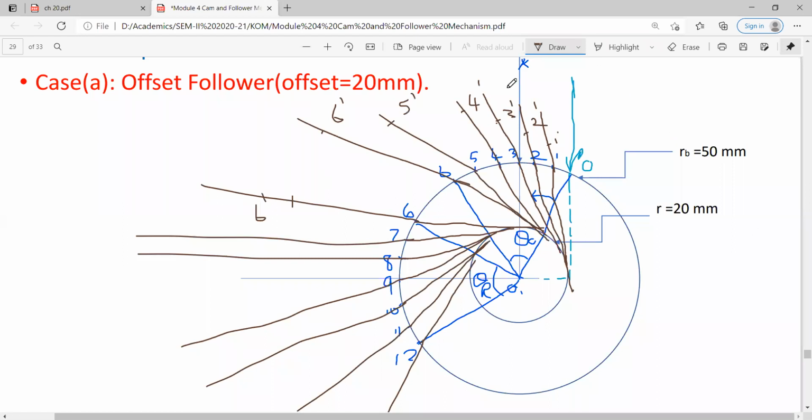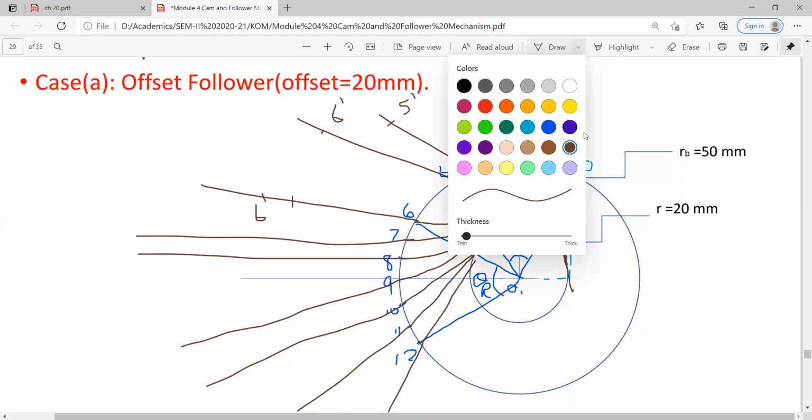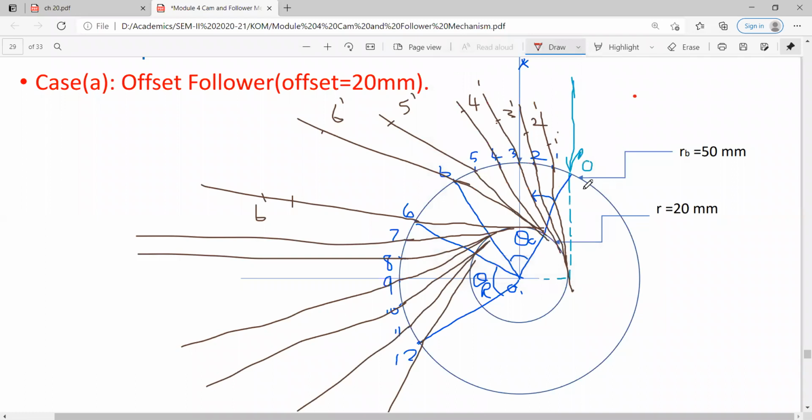And after that you have to follow the same procedure. How will you draw the cam profile? The cam profile will be the curve passing through these points, starting from point 0. You will draw it like this.